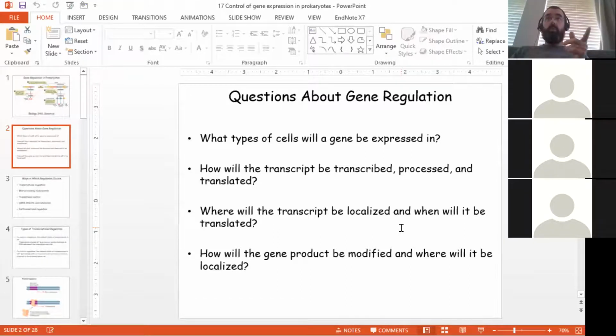Now, what happens if there is not enough tryptophan tRNA for translation to continue? What happens then? So essentially we're saying there's not enough tryptophan in the cell. We still need the trp operon to be expressed.